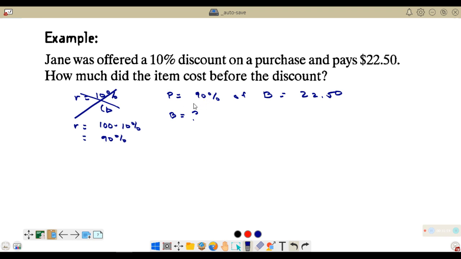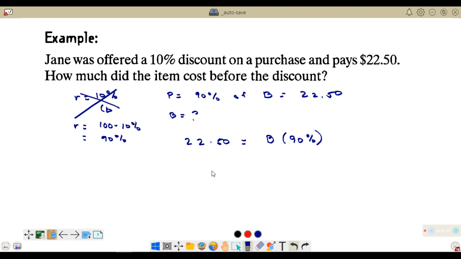So, we have here, dito pa lang meron na 22.50 is our percentage and this is 90% of your base. Okay? Ang binayaran niya ay 22.50. Again, ang binayaran ay 22.50. Yun ay 90% kasi binawasan na siya ng 10%.